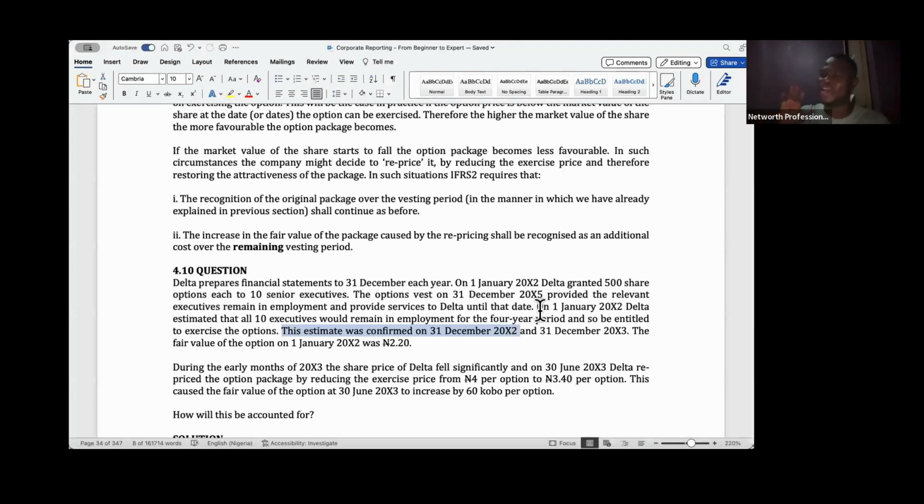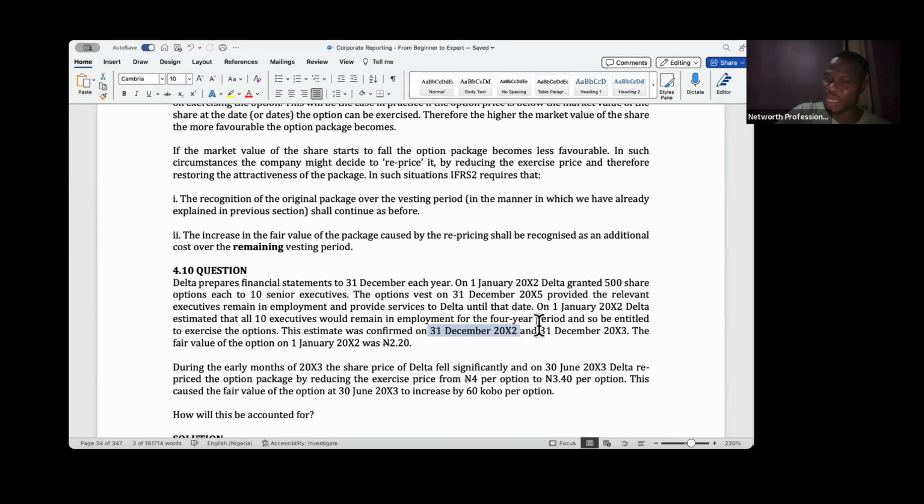Now they have confirmed this estimate. So that means at 31st December 2002, he said that 10 executives would remain in employment for the 4-year period. That means they're not going. So at the first year, which is 31st December 2002, we are estimating that 10 people will vest at 31st December 2005.